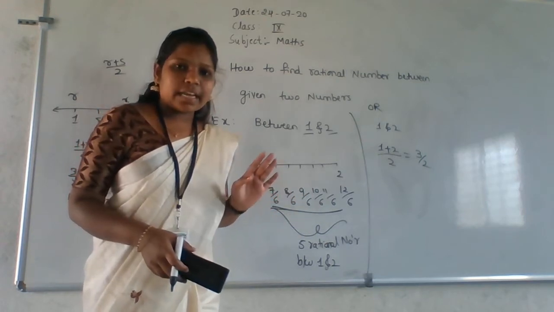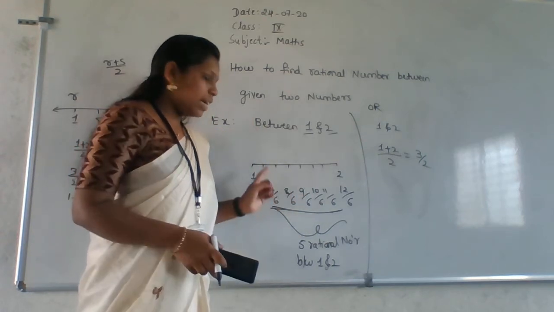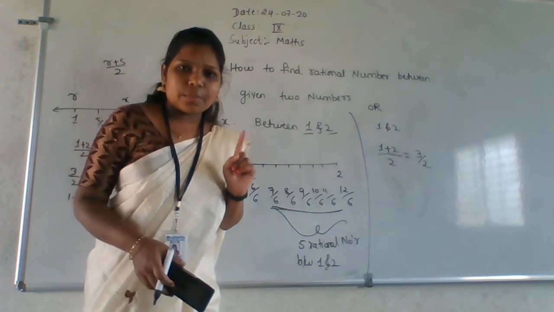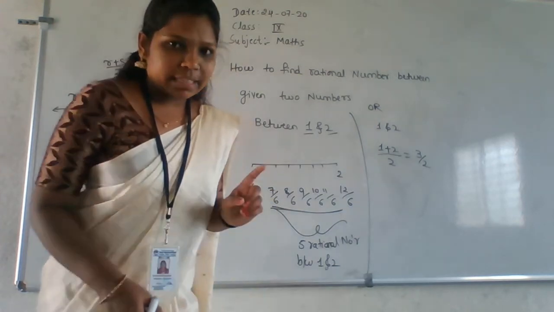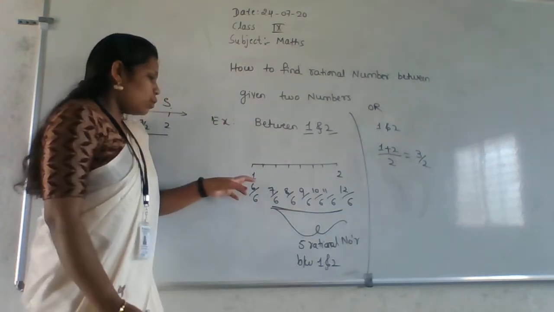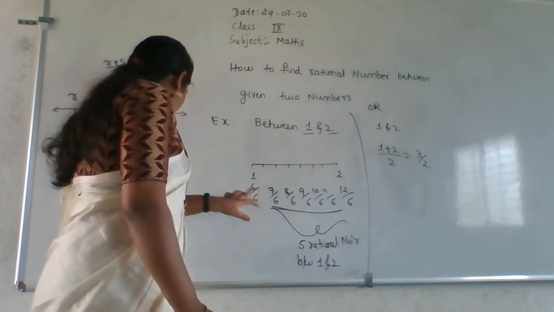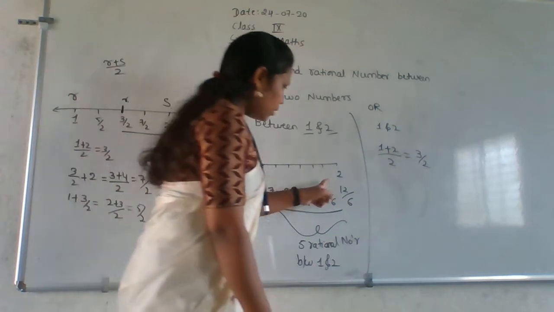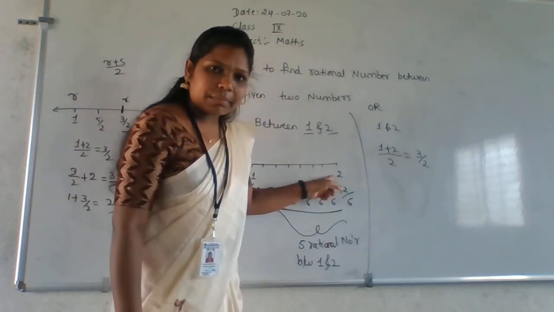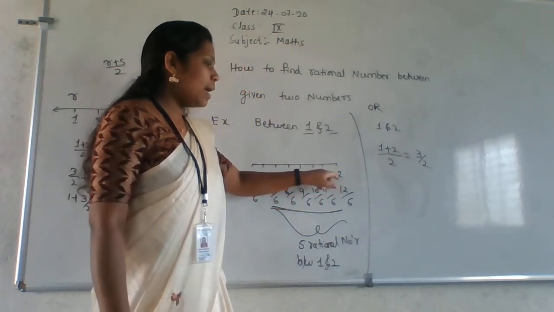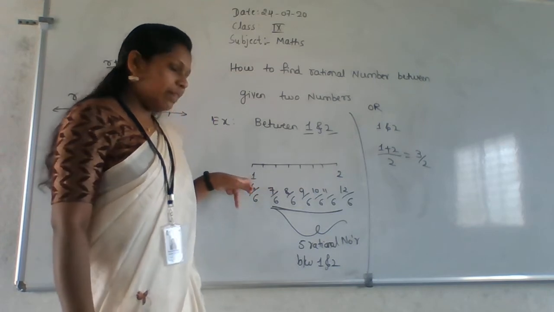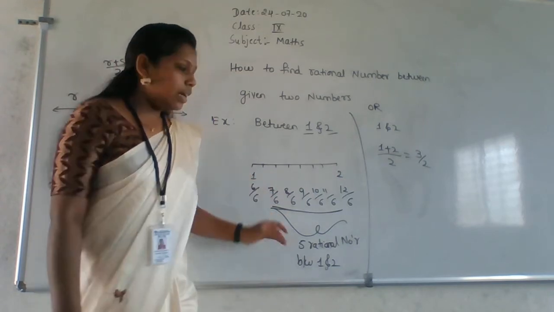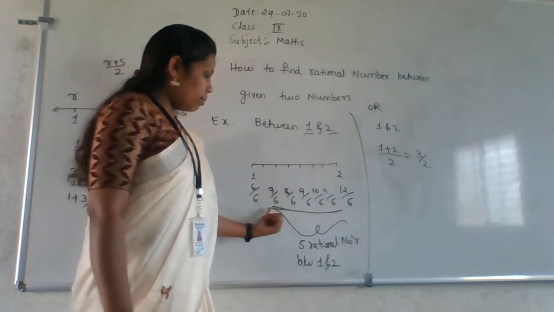Whatever value you take, both the numerator as well as the denominator must be the same. Otherwise, it's wrong. Getting my point? So you have to multiply the 2 as well as the 1 with the same rational number.